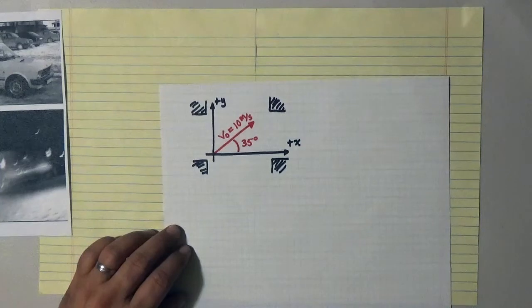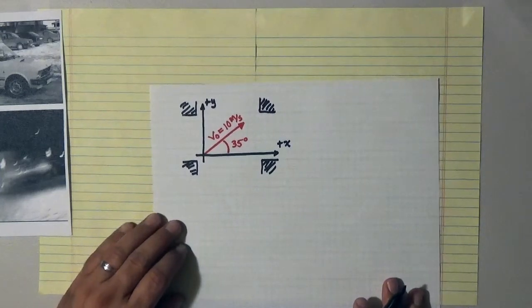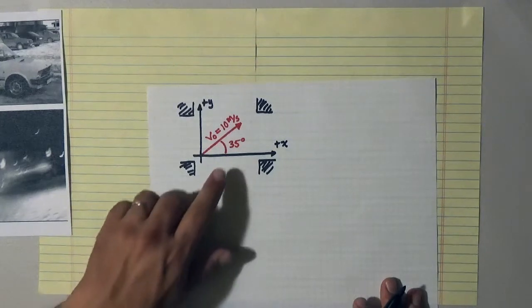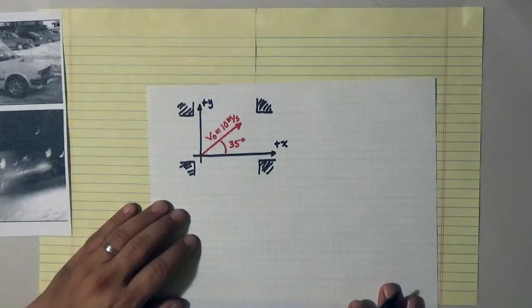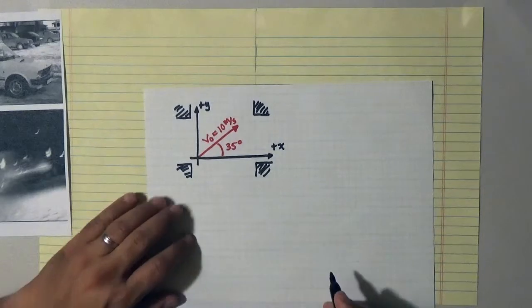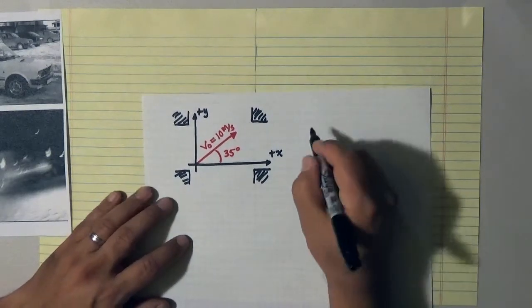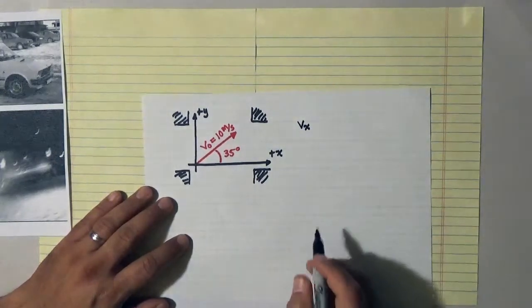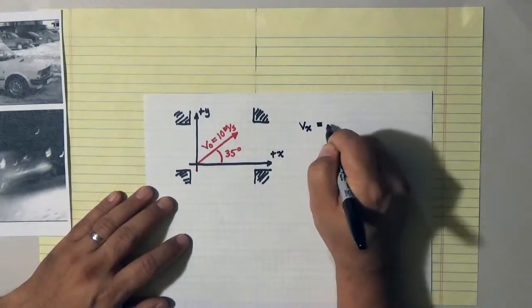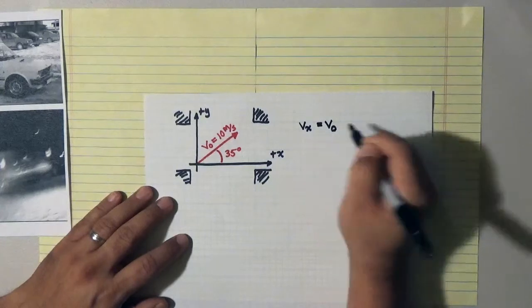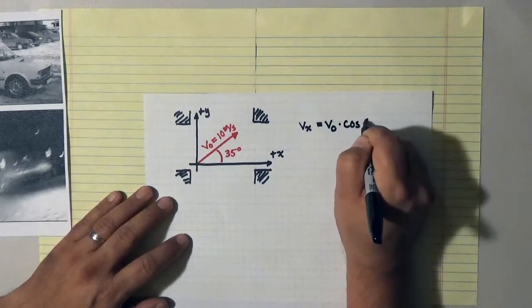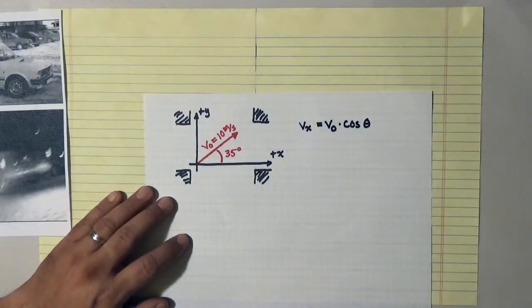Now in this case, this is pretty straightforward trigonometry. I have the velocity vector there, and I know its angle with respect to the x-axis, so I'm going to use that angle to do a little bit of trigonometry and tell me that the x component of that velocity vector is simply the magnitude of the vector times the cosine of the angle that that vector makes with the x-axis.